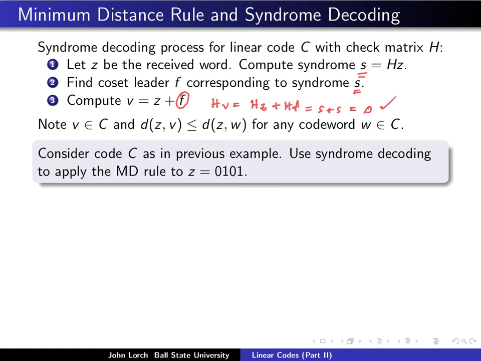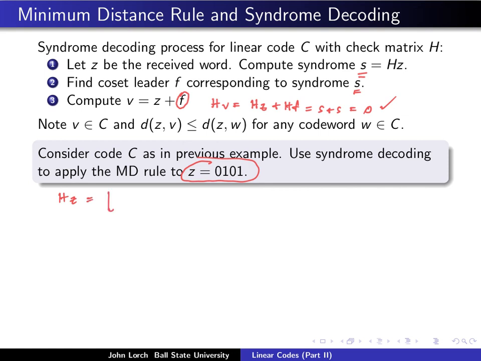All right, so let's see how this works. Let's consider the code we had in the previous example on the previous slide. We're going to use syndrome decoding to apply the minimum distance rule to this received word. So we just follow our steps, 1, 2, 3, right? First, I take the check matrix times Z, and we have to remember what the check matrix was.